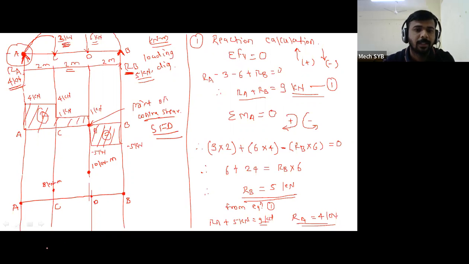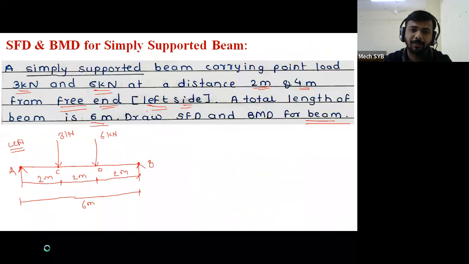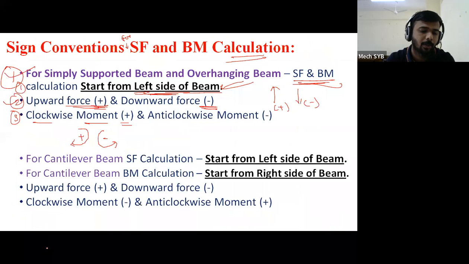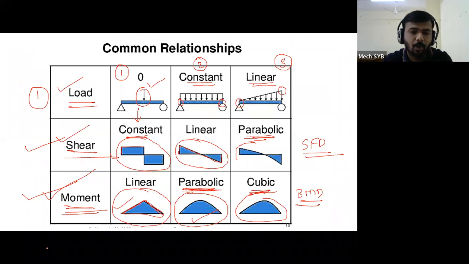Now check our relation between loading, shear force and bending moment diagram. How to join these particular points, whether inclined line, parabolic curve or cubic curve. Here the beam is subjected to the point load, and this is the figure in front of you. This table in front of you.